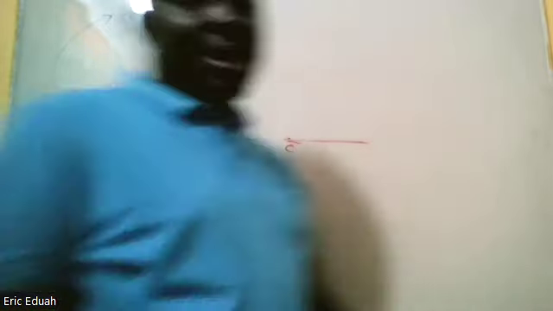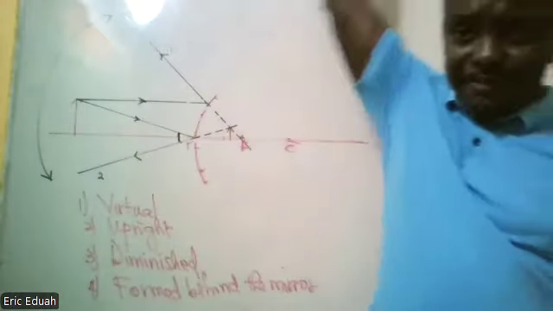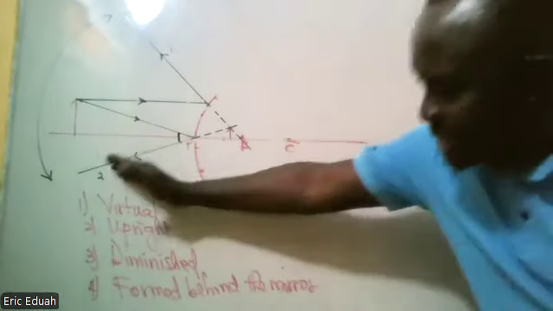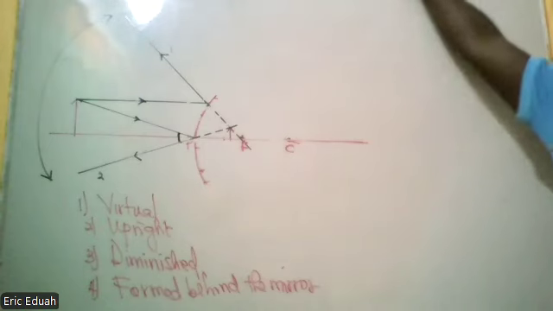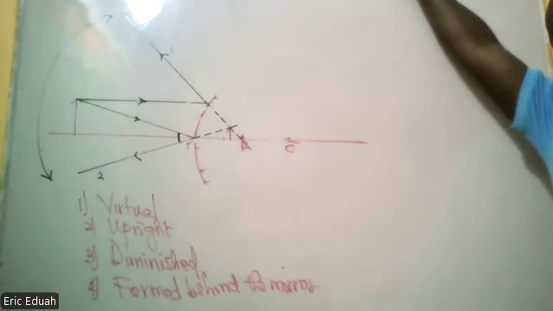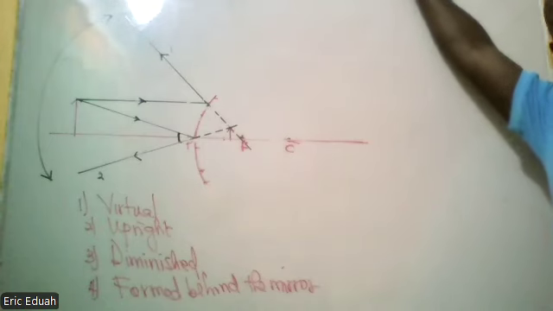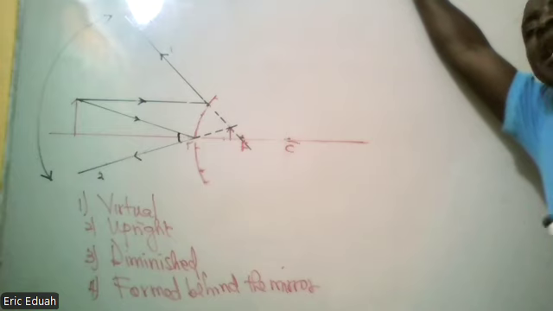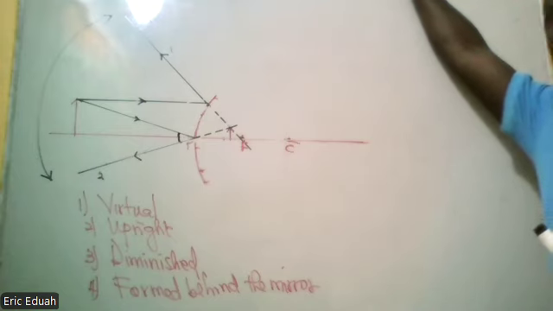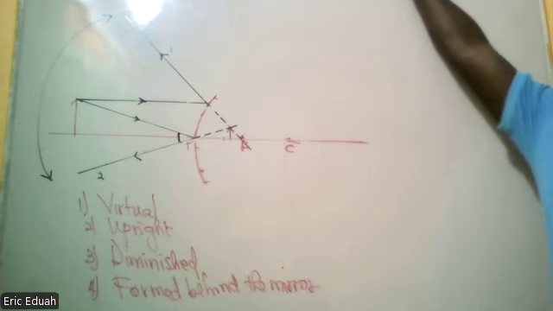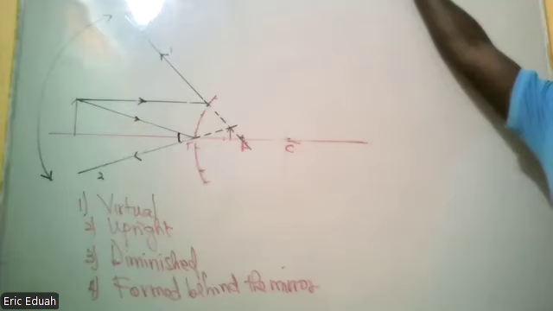If you like, place the object at infinity, you get the same thing. Image will always be virtual, upright, diminished, and formed close to the mirror.